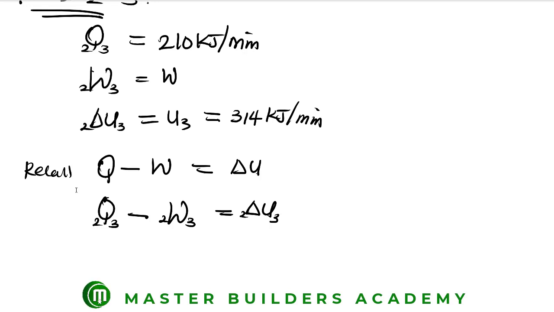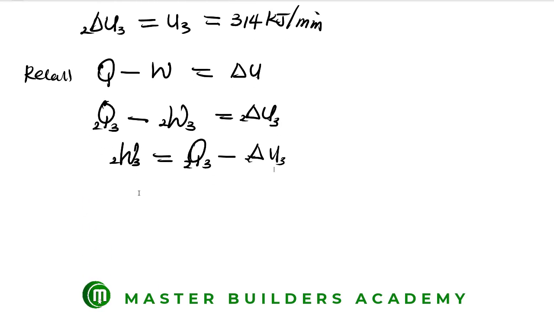In making W2 the subject of the formula, we have W2 is equal to Q2 to 3 minus change in internal energy 2 to 3. Finally, this becomes W2 is equal to Q2 minus U2. All we just need to do now is put in the values.